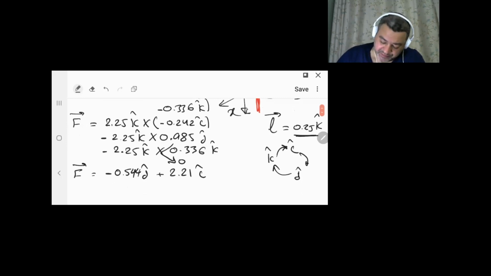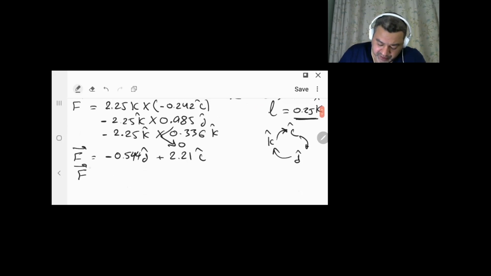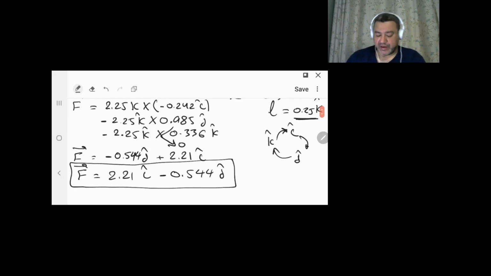Okay, so now the final force would be 2.21 I minus 0.544 J. This is the force, and definitely this wire, if it's allowed to move, it will move. This K is the unit vector along the Z axis. So that's K hat.